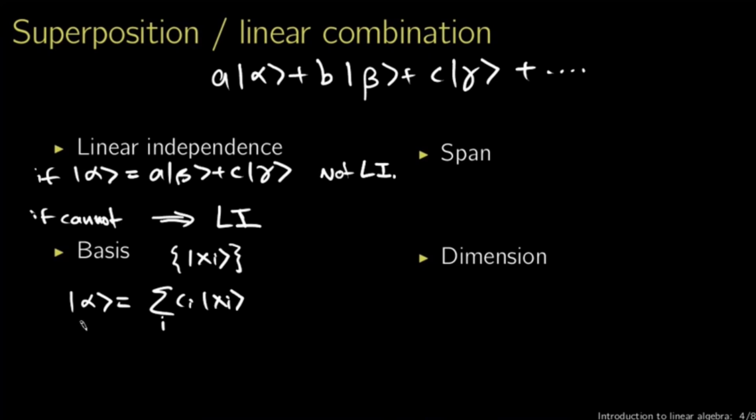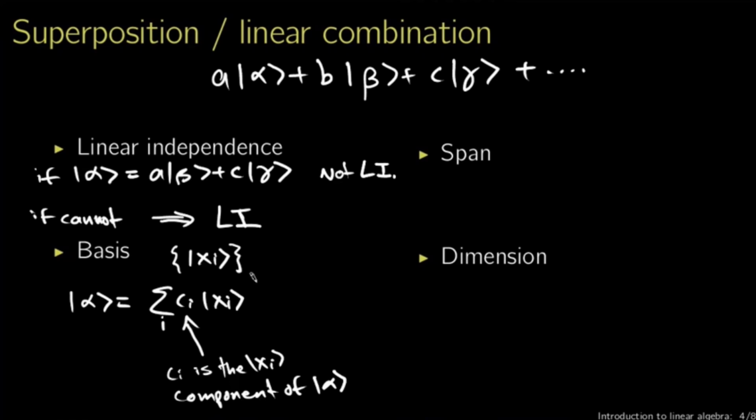In this case, I would say I have expressed alpha in a basis of vectors given by x sub i. This c sub i here is, in some sense, the x sub i component of the vector alpha.